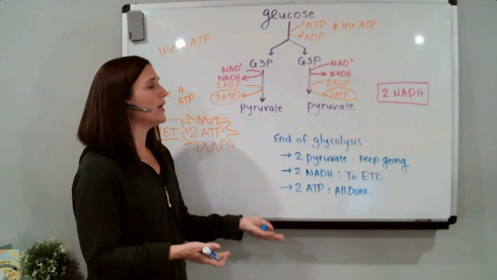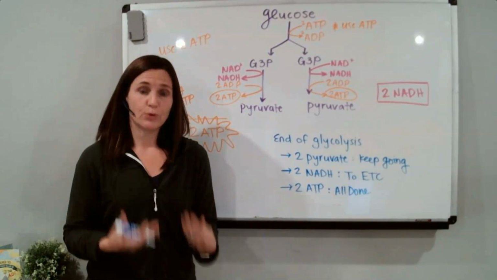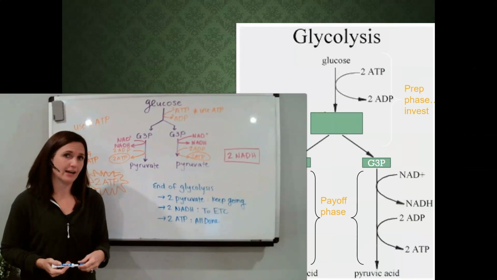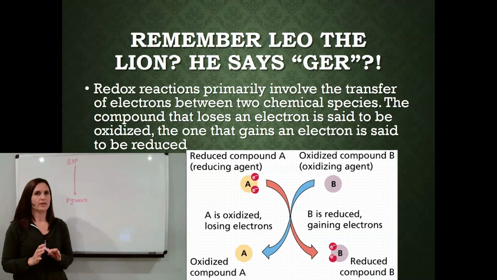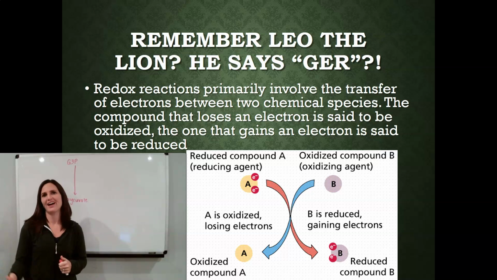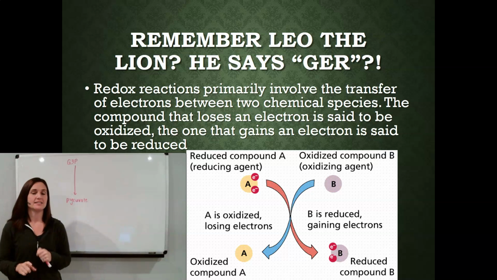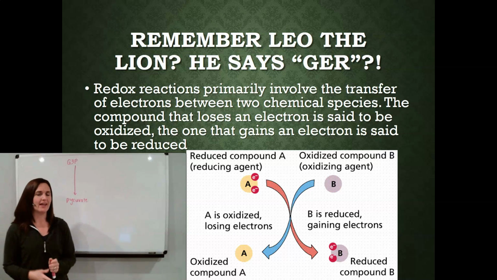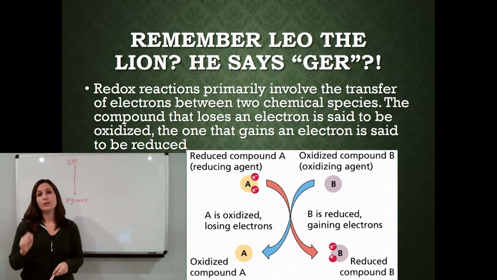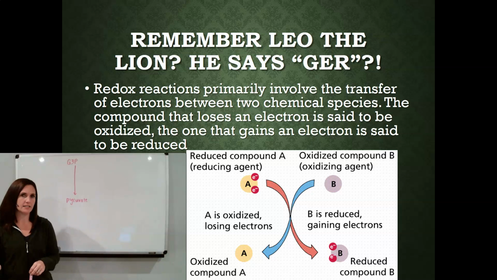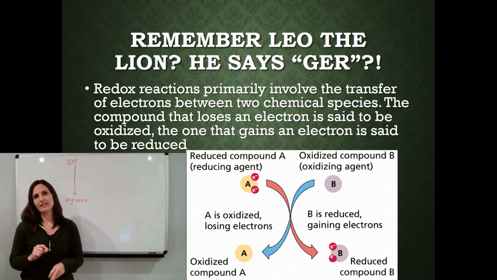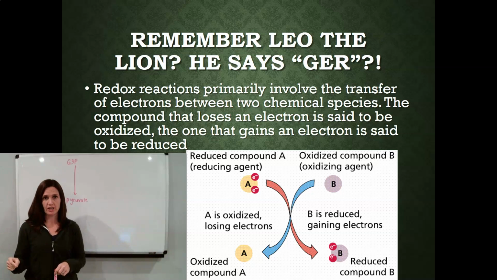Because remember, the whole point of cellular respiration is producing ATP energy. So we're going to take a quick look here and remember Leo the lion. Remember, Leo the lion says, grr, right? And that's how we're going to remember that when we lose electrons, it's oxidation. When we gain electrons, it's reduction.